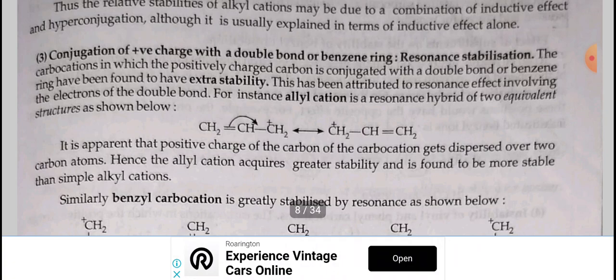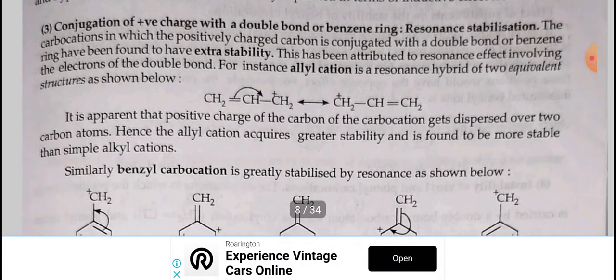Conjugation of positive charge with a double bond or benzene ring. Resonance stabilization. The carbocations in which the positively charged carbon atom is conjugated with a double bond or benzene ring have been found to have extra stability. This has been attributed to the resonance effect involving the electrons of the double bond.